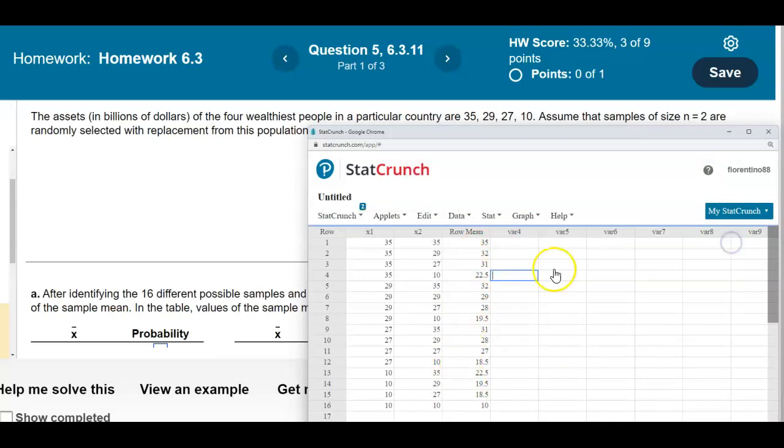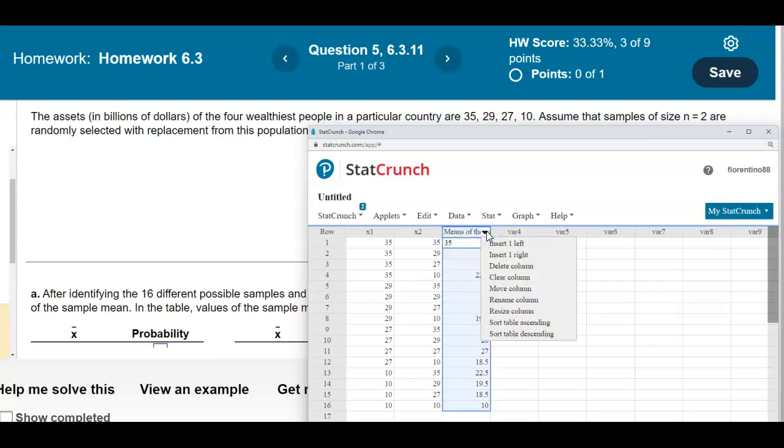Instead of calling it row mean, we're going to call this the mean of the sample means. Now we're going to sort this data.